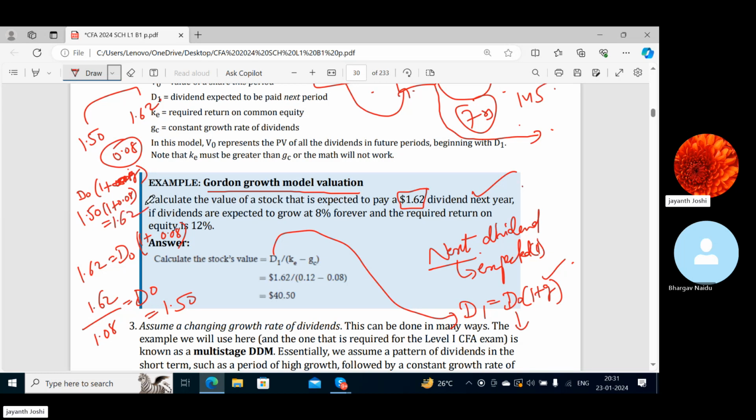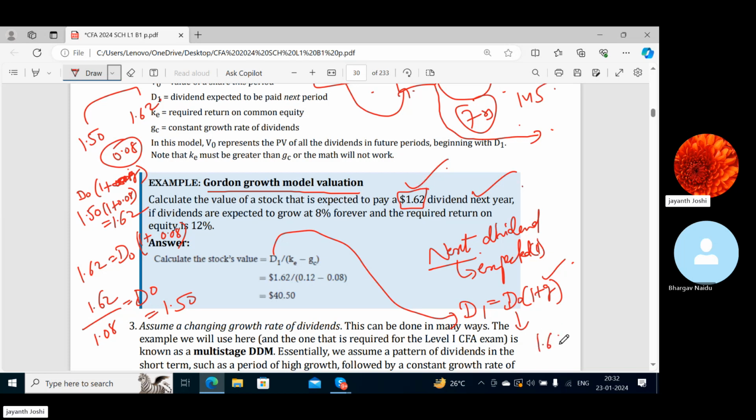I am explaining all this because in the exam you will not get such direct questions. They will twist and turn everything. So you should know that this is the next year dividend, and if they ask you the present dividend, you can find it in this way. In this question, you are lucky that they haven't given any extraordinary information. They just gave you the next dividend value, 1.62.